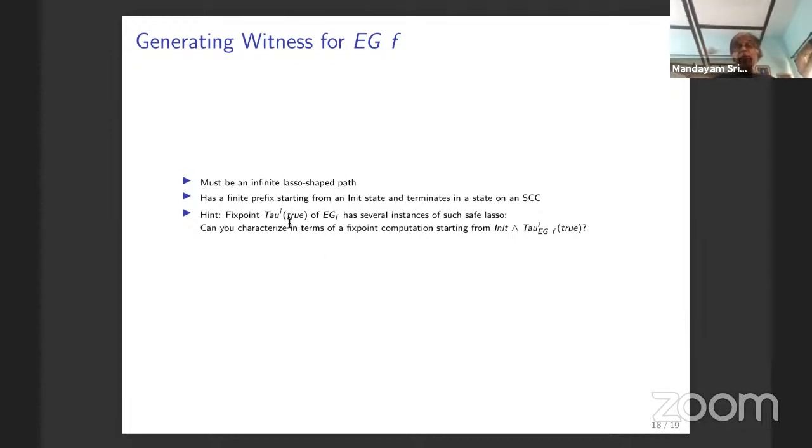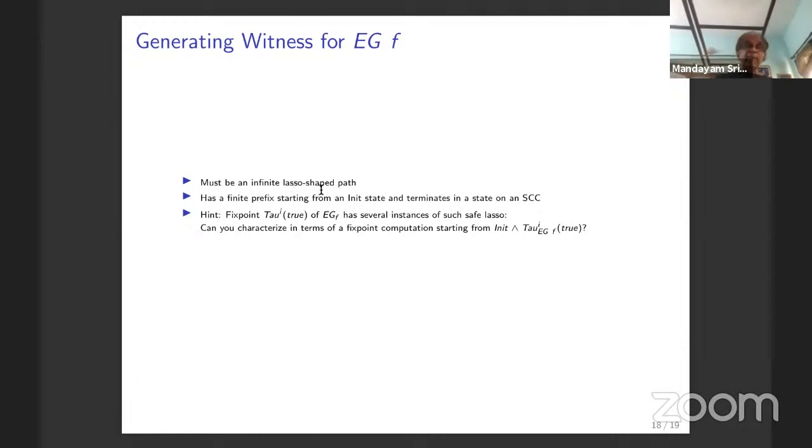I mean, a fixed point tau I of true EG has EG, I'm sorry, this is EG of F, okay, not a subscript F. Since it's lasso shaped, you'll have to look for a lasso shaped path, and of course, it will eventually end up in your fixed point here, which will indeed have these strongly connected components.